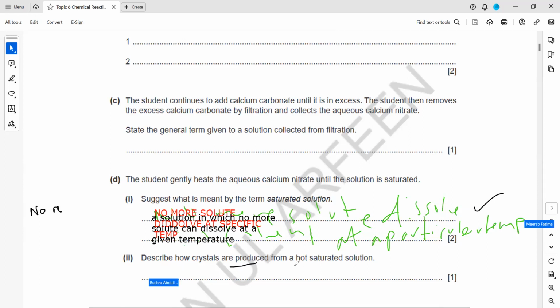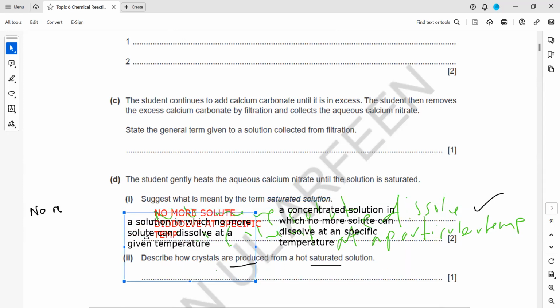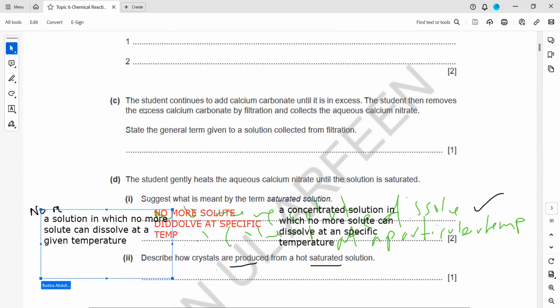Describe how crystals are produced from a hot saturated solution. How are crystals produced? When the solution cools down, what happens to the solubility? The solubility will decrease. When the solution cools down, the solubility decreases. That's why the crystals will form.